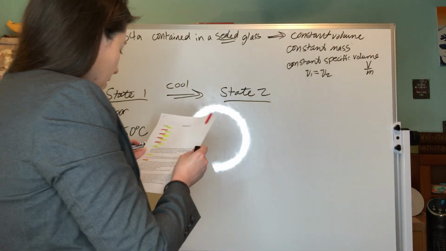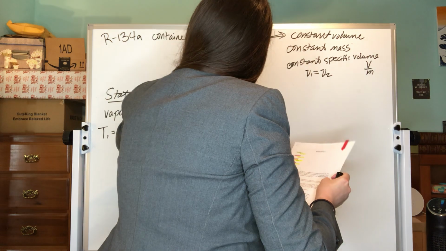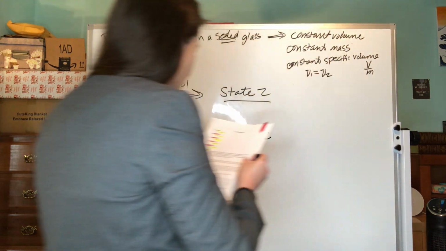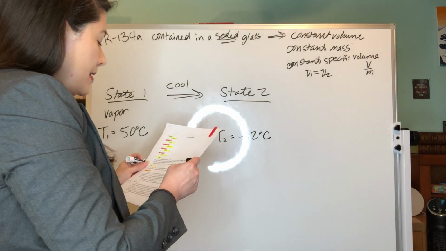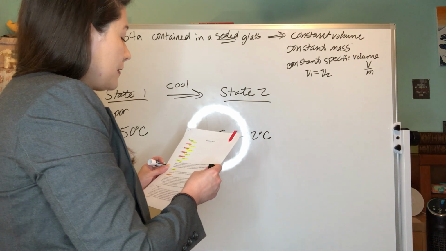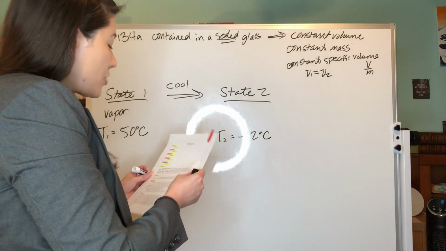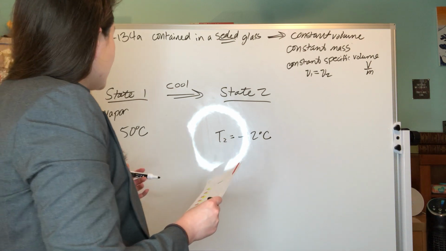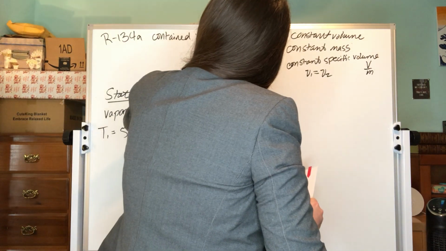And they're telling you its temperature T2 is negative 12 degrees C. And it says that at negative 12 degrees C, a small droplet of liquid is observed. A small droplet of liquid. What does that mean? What it means is that you have saturated vapor.